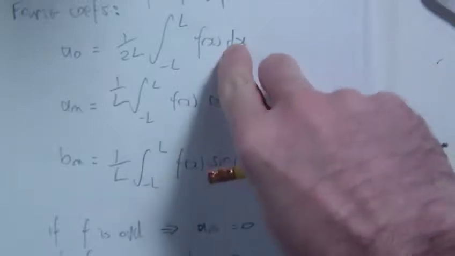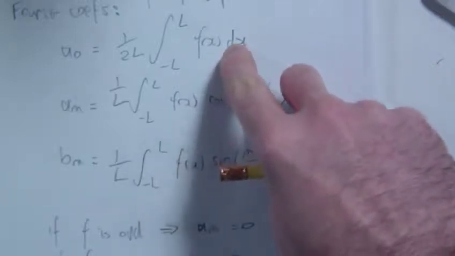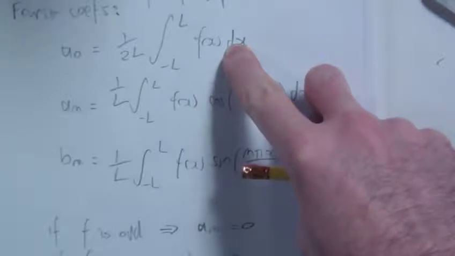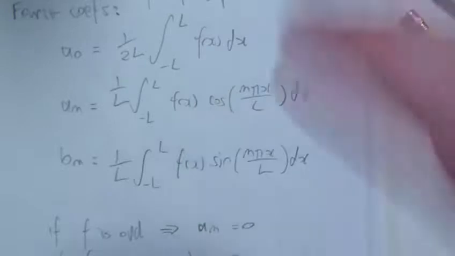And if f is an even function, you can just go from 0 to L. And here, okay, well, just a second. If f's an odd function, we'll only be using this one anyway.